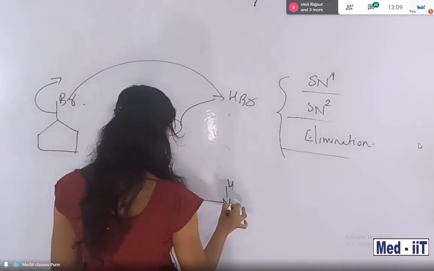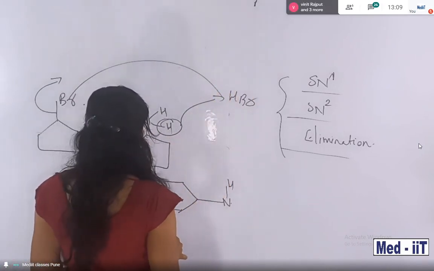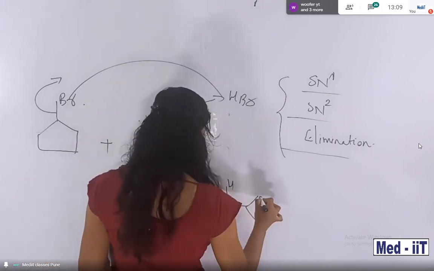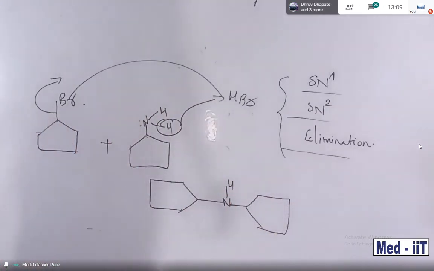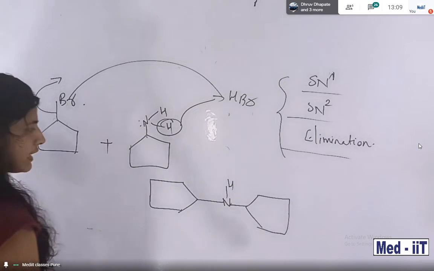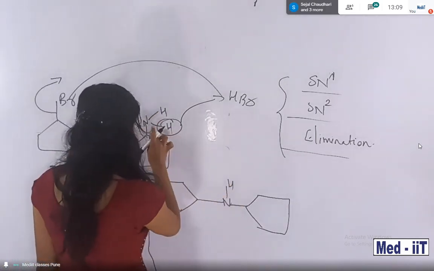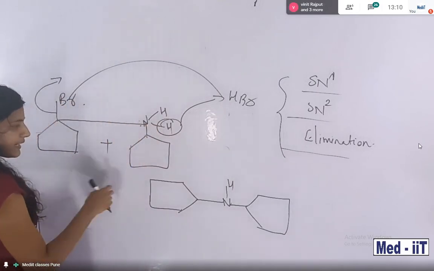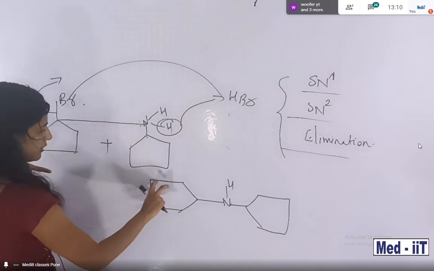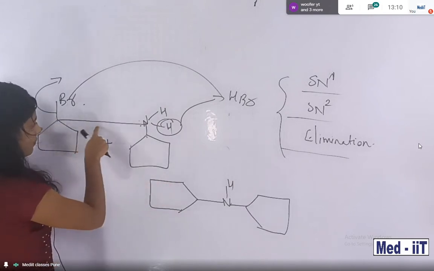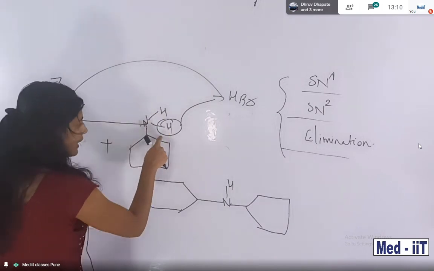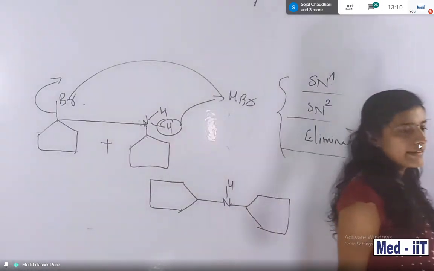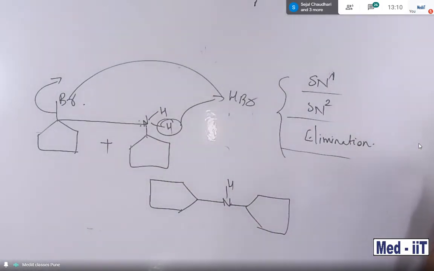So NH, and then this one is bonded here like this, clockwise. Then the bond is there, NH, then the remaining portion. This hydrogen is removed with the Br. Clear? Is it okay?